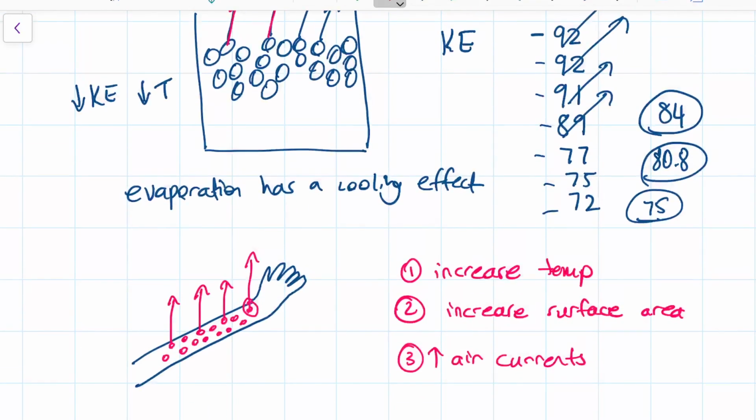And the 3 ways that we increase evaporation is by increasing temperature, increasing surface area, or increasing air currents. In the next video, we're going to talk about boiling. So this was evaporation, one form of vaporization. Then we're going to talk about boiling in the next video.